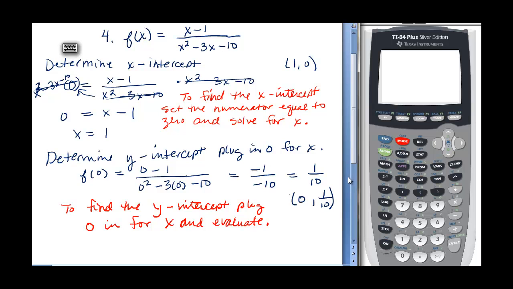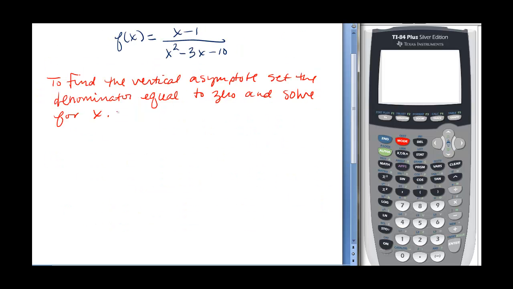Next we'll want to find the vertical asymptotes. We would want to set the denominator equal to 0 and solve for x. So I'll have x squared minus 3x minus 10 is equal to 0. And then I get to use my factoring skills again.